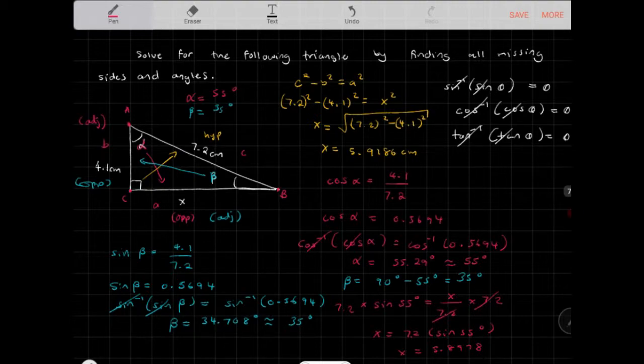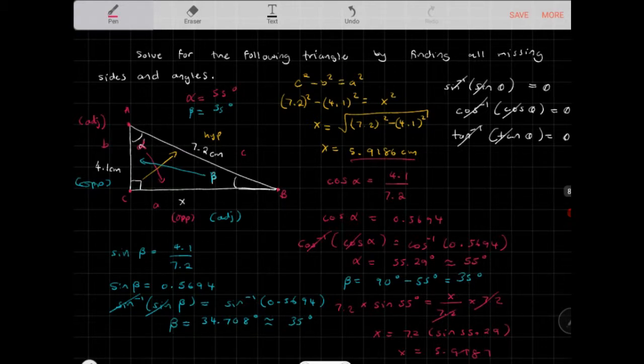If I do sine 55.29 in my calculator, you would get 5.9187.